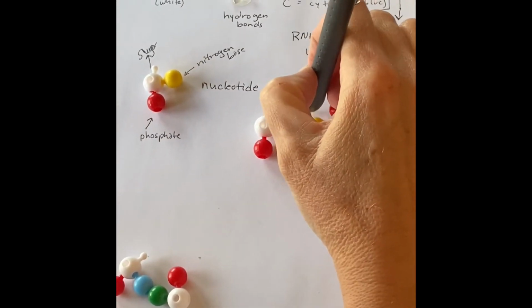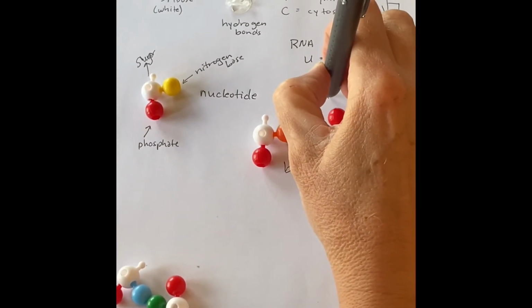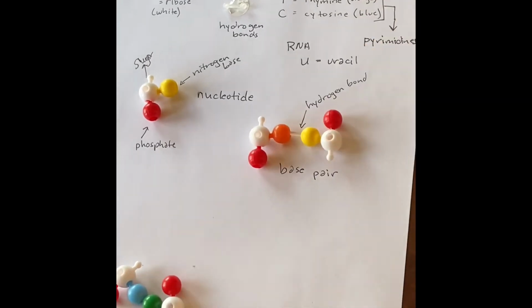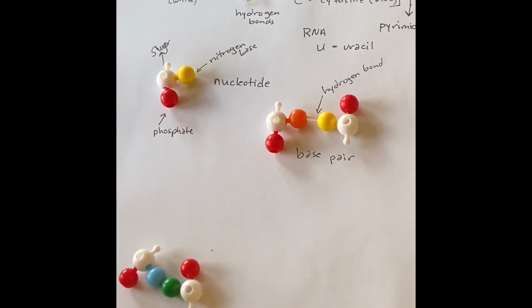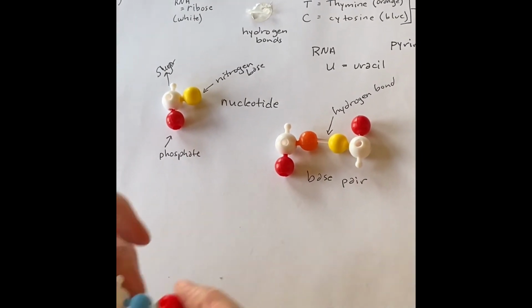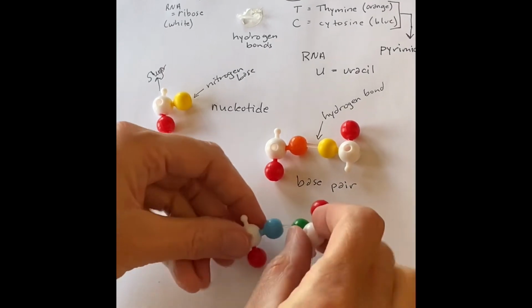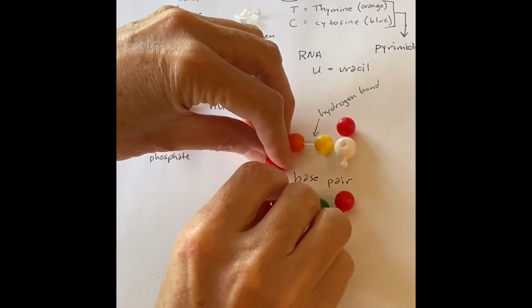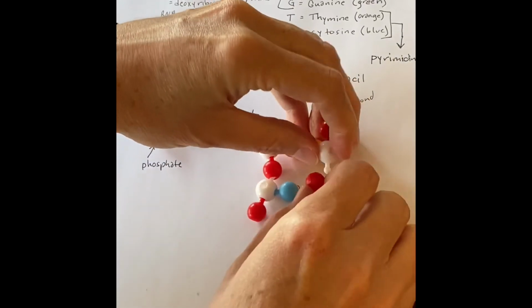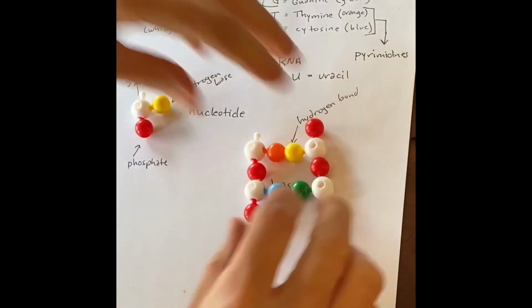And the base pairs are held together by the hydrogen bond. RNA doesn't bond double-stranded, only temporarily. And then if we just continue to build the chain here, so if I added another base pair to this model, you can start to see a ladder forming.